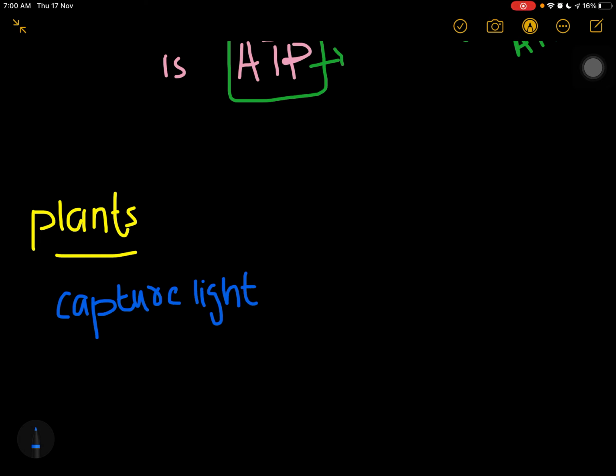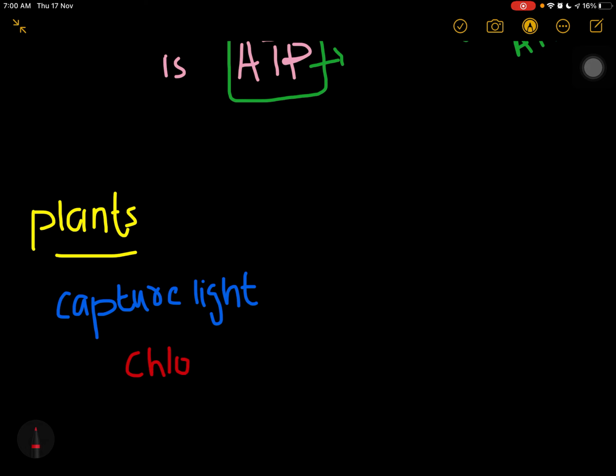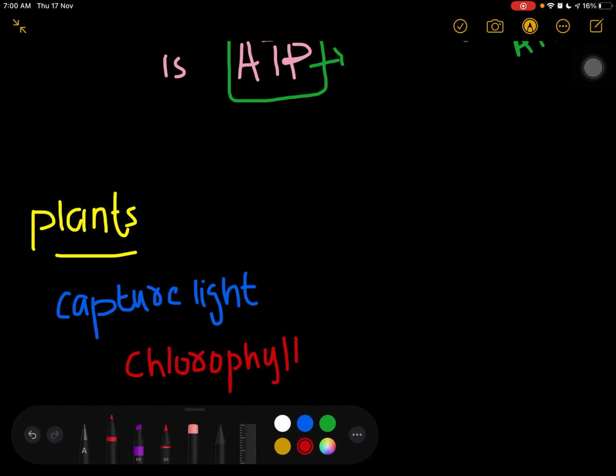Because they have that component, chlorophyll, right? It's basic, you must have the concept of chlorophyll and these things I'm talking about from your previous classes. If not, it's all right, I'm there to help you guys, okay? So plants capture light with the help of chlorophyll.